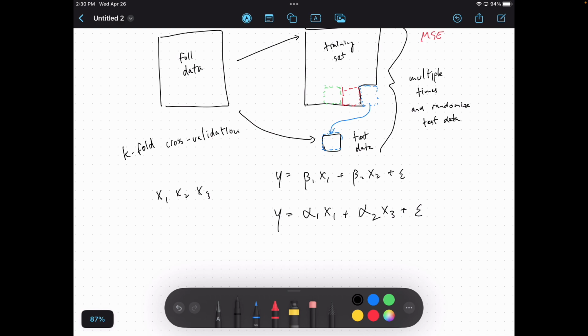The idea behind what we're doing here is that this will have some kind of mean out of sample mean squared error. Let's say this is for model 1 and mean squared error out of sample for model 2.